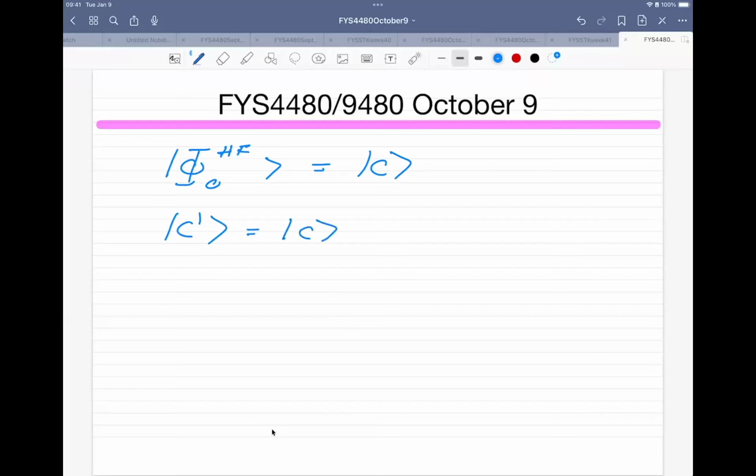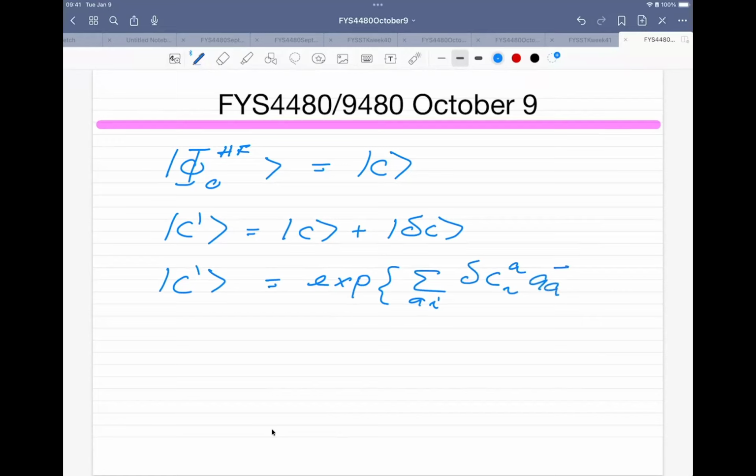So we are looking at a variation of this Slater determinant, which we call δC. And what we defined last time was a Slater determinant using Thouless' theorem, which can be seen as a linear combination of particle-hole excitations. So we have a variation here, δC, with coefficients, and then we have a creation and annihilation operator, with states above and below the Fermi level, acting on this state C. So this is how we define that one.